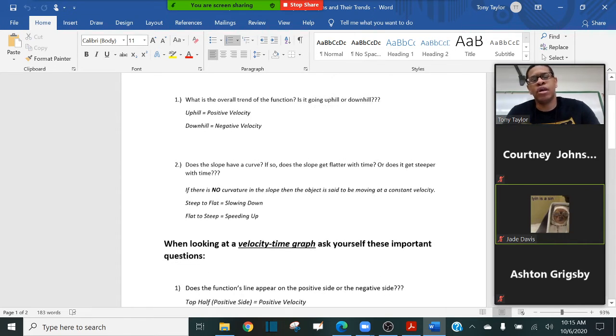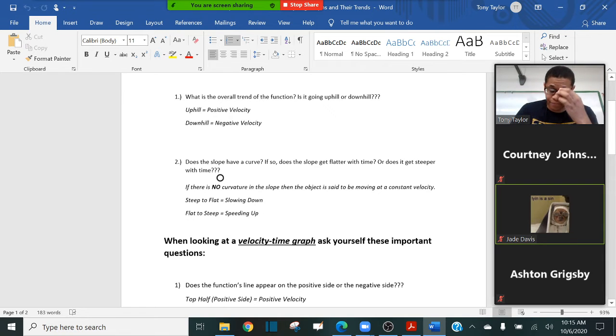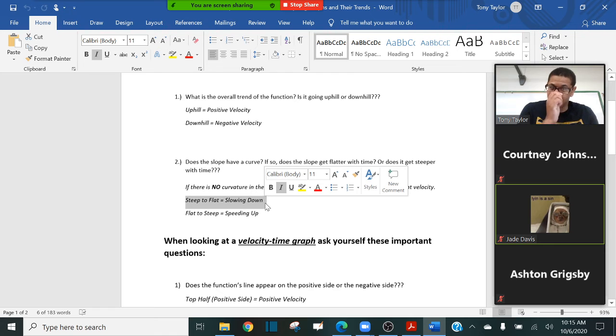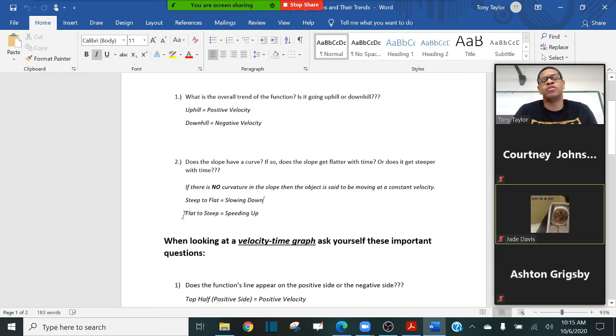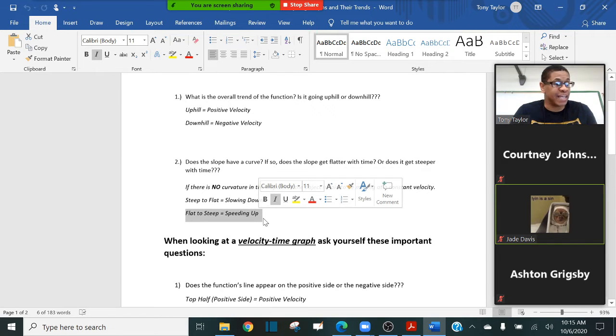The second thing you want to notice is to ask yourself, does the slope have a curve? And if so, does the slope get flatter with time, or does it get steeper with time? Guys, as a general rule, if your curve gets flatter with time, that always means your object must be slowing down. If your slope gets steeper with time, that means your object must be speeding up.